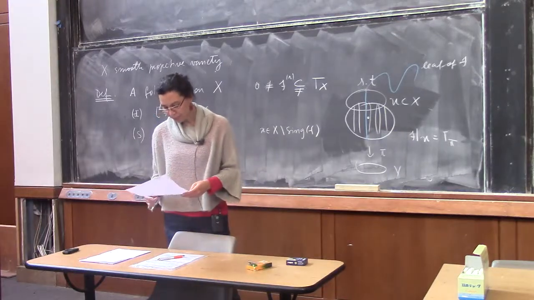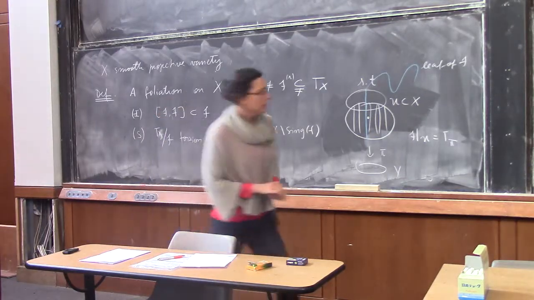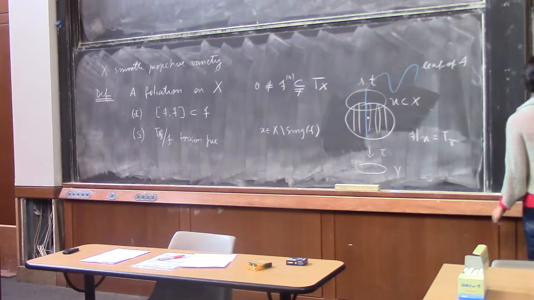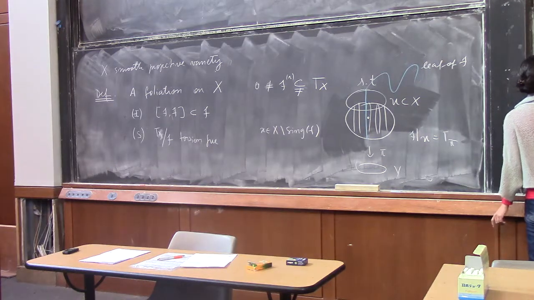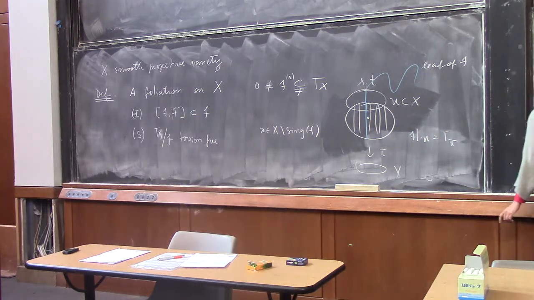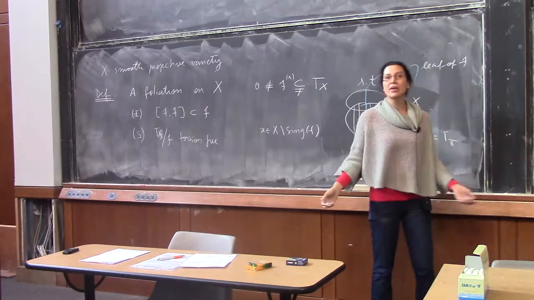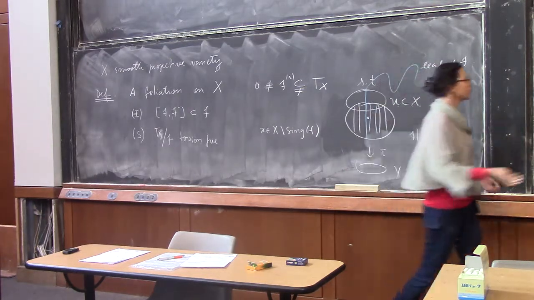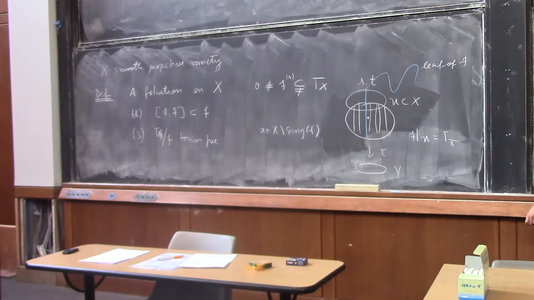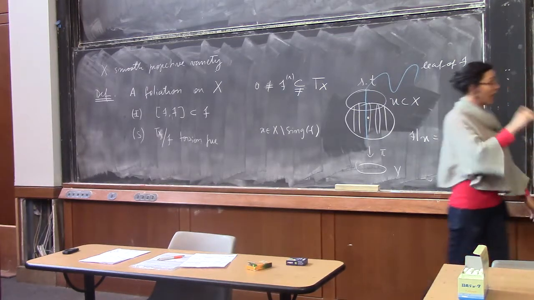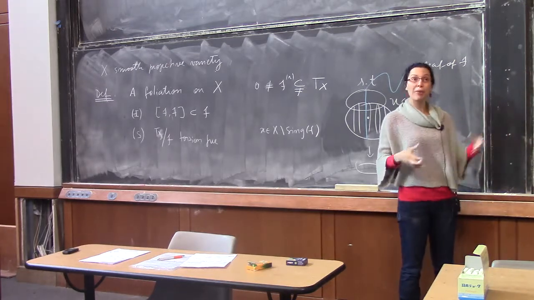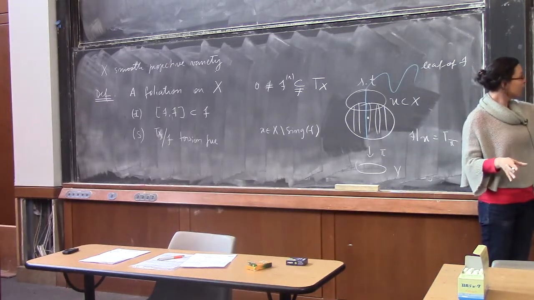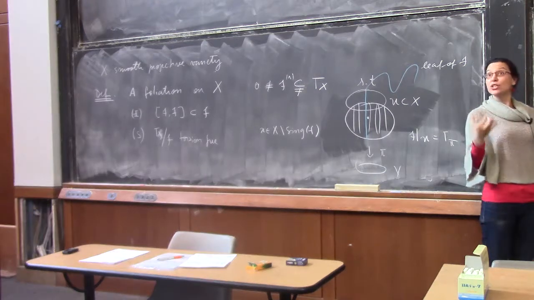Okay, so let me just give you some examples of foliations. For us, for algebraic geometers, the most natural examples are the ones that come from rational maps. So if I have a dominant rational map from X, so we use this to denote a dominant rational map, I can restrict to the open subset where this is a smooth morphism.